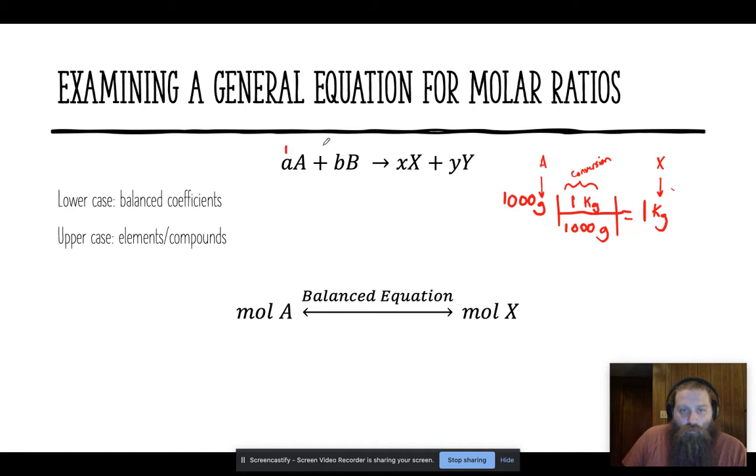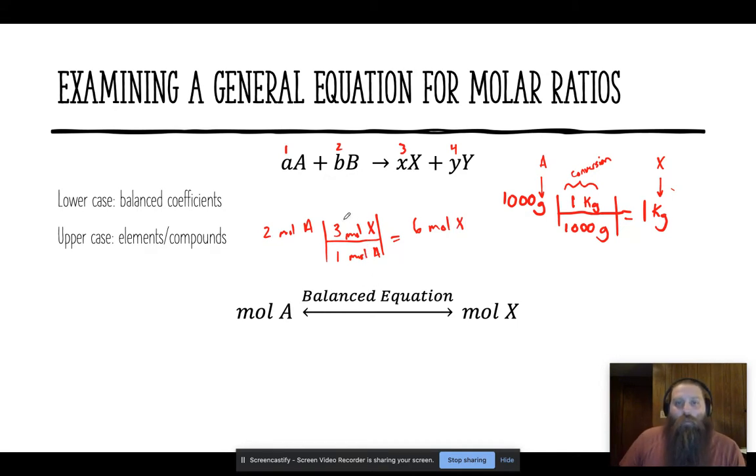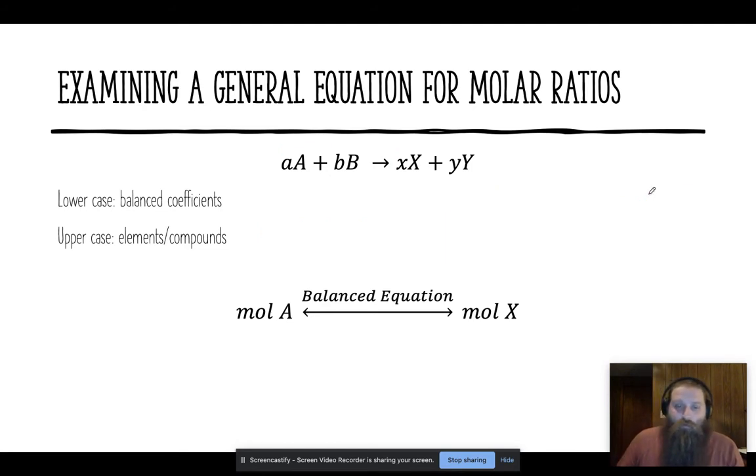If we go back to our numbers here, 1, 2, 3, 4, then if I start with 2 moles of A, and I want to know how many moles of X I can make, I know that 1 mole of A makes 3 moles of X. Thus, 2 times 3 is 6 moles of X. If I have a balanced equation, then I can convert from A to X. I can convert from anything in the equation to anything else in the equation. That is huge. It's very important that you understand that.